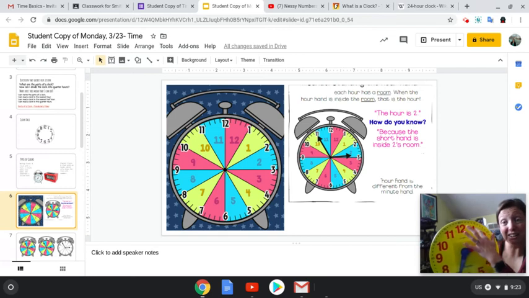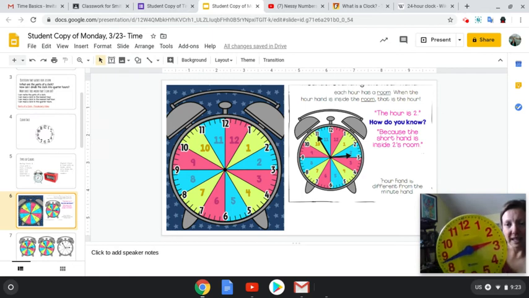It only has to move the hour to show us. So it goes real slow, creeping up to the threes room, but it's not quite there yet, because it has to go that full 60 minutes before it can get into the threes room.